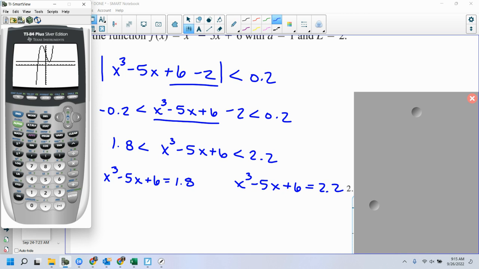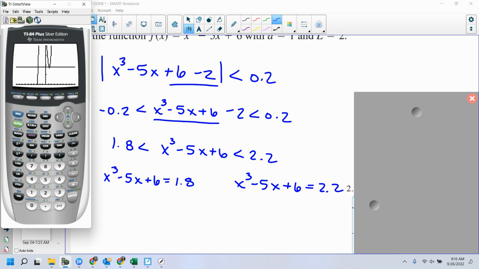So maybe it might be good to change my window so that my y minimum, let's go 0, and my y maximum, let's make that like 4. Oh, that didn't really do much, did it?